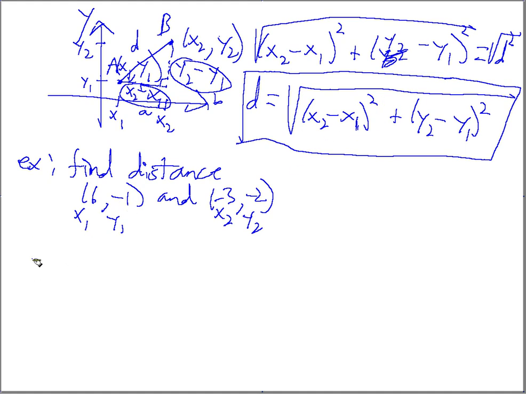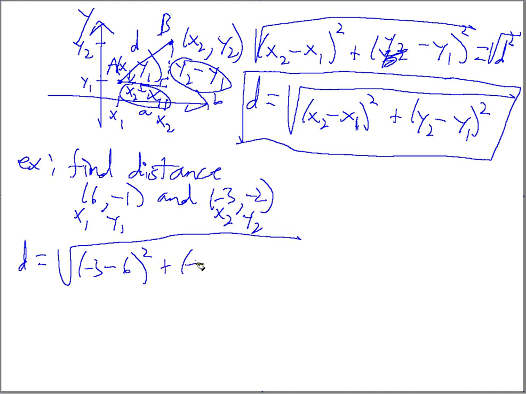So the distance between them is going to be 1 giant square root, okay? X2 minus x1, so -3 minus 6, quantity squared, plus y2 minus y1, so -2, minus, be careful, negative sign here, minus parentheses -1, right? That's y1, right? -1, quantity squared.